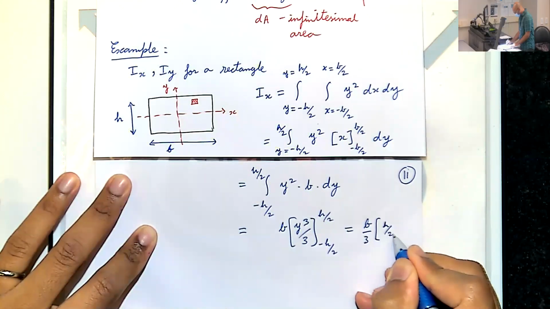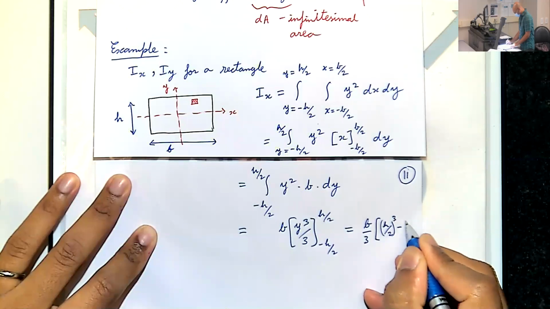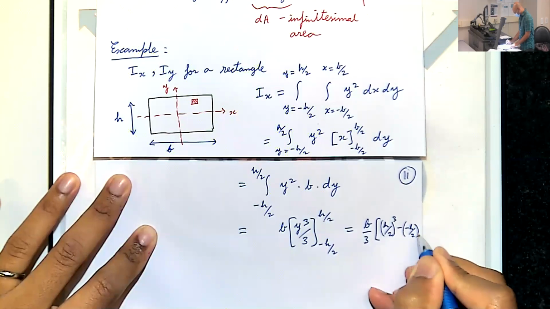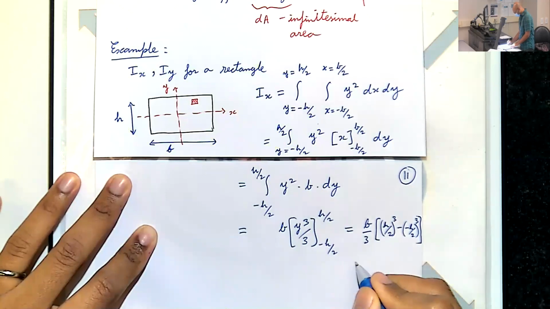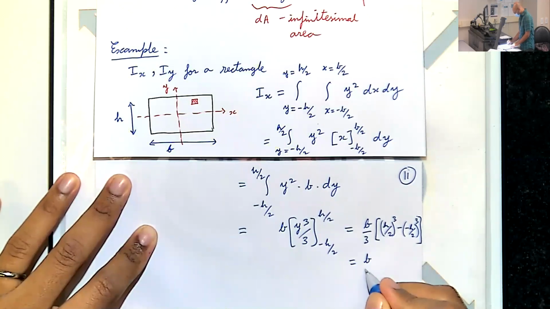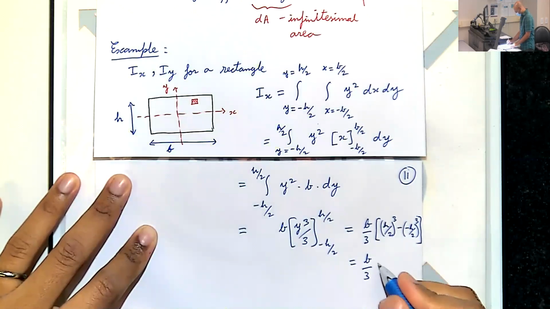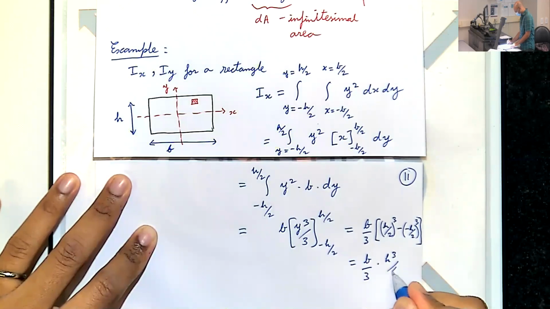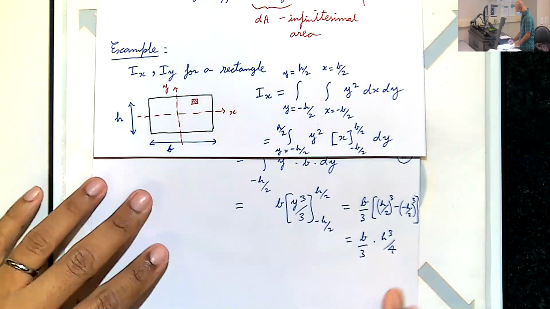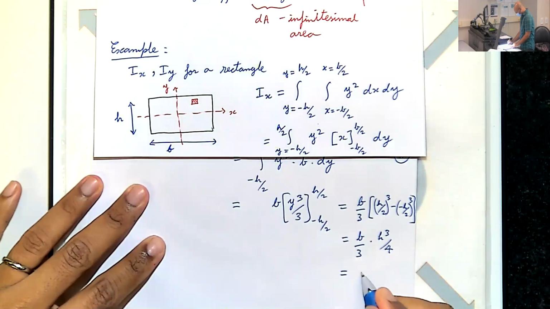This is h over 2 whole cubed minus negative h over 2 whole cubed. B over 3, what is this? H cubed over 4, right? So times h cubed over 4, b h cubed over 12.